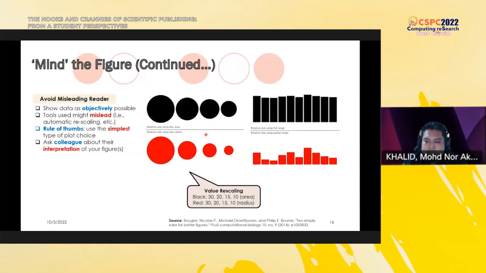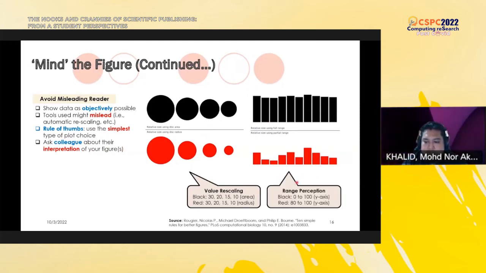The second one is another range perception problem. So the black one is the y-axis. They don't have the y-axis here, just to show the point. The black is 0 to 100, so it looks very similar.